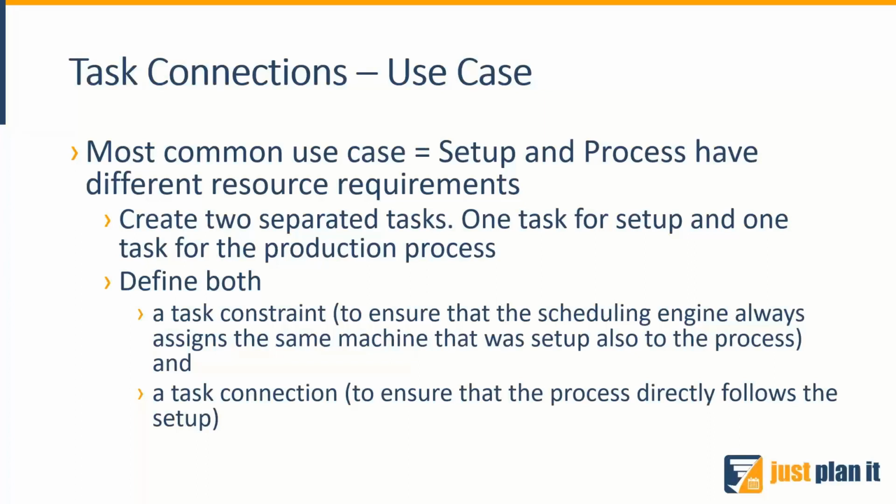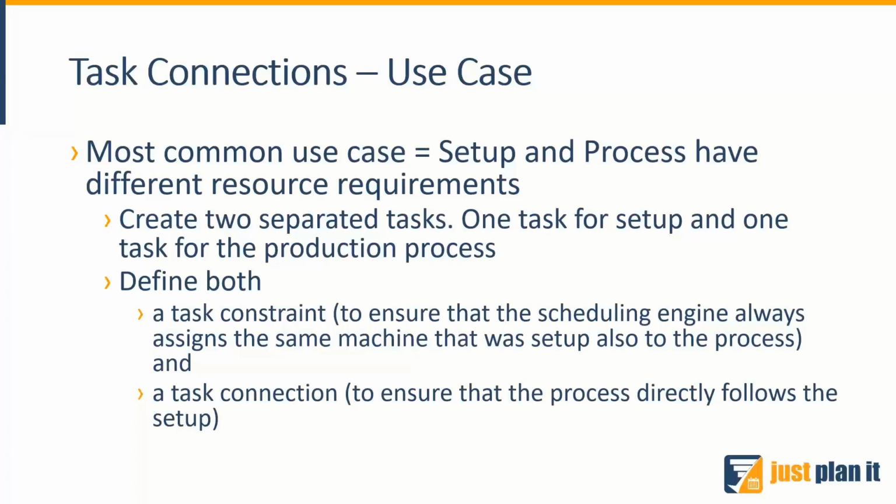So what we do in Just Planet, and actually what we did before, we split that into two separated tasks. So that is as it was before. We have got one task for the setup and one task for the actual production process. But now what we do is we do both. We do a task constraint on the machine, which we did before too, right?